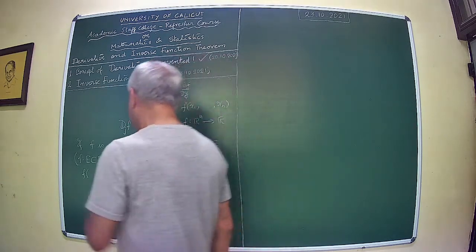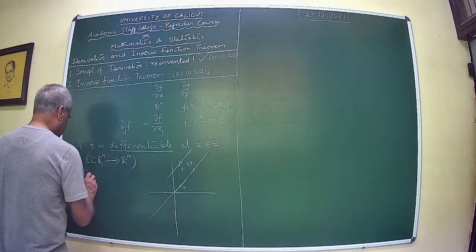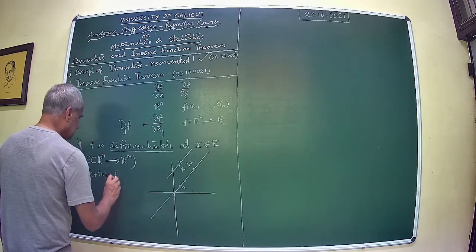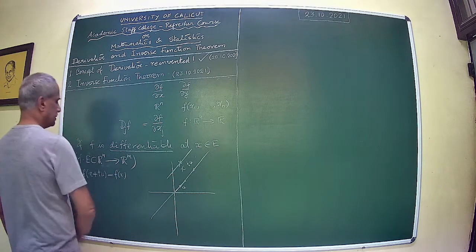So what happens? You have f of x plus tu minus f of x.